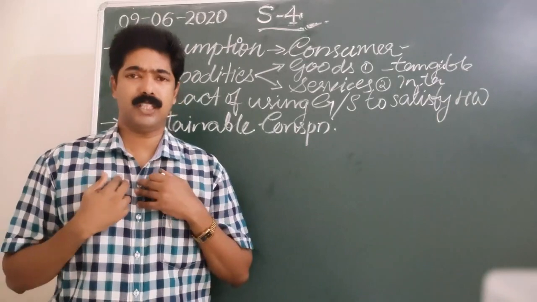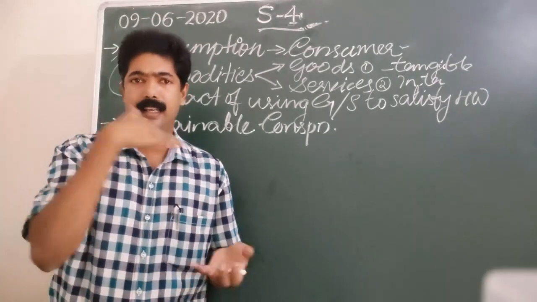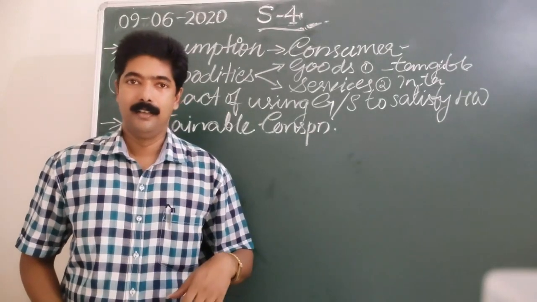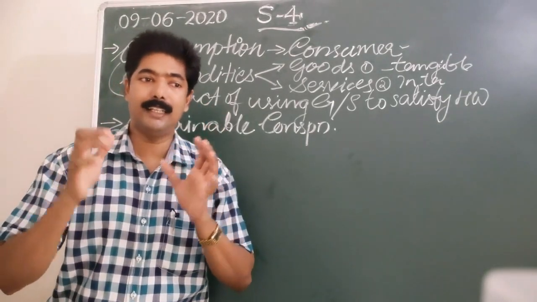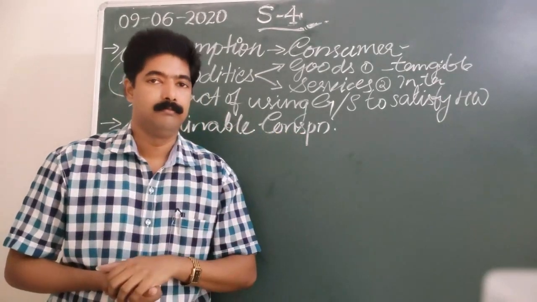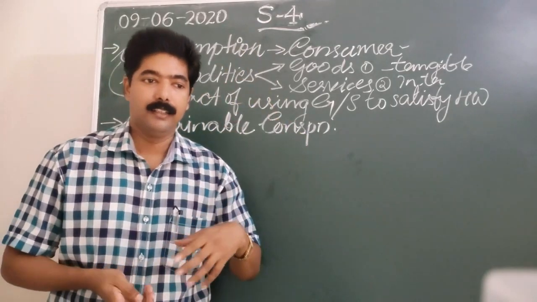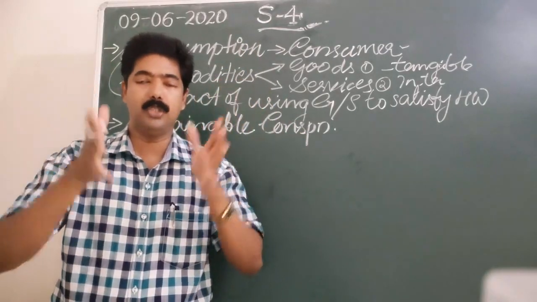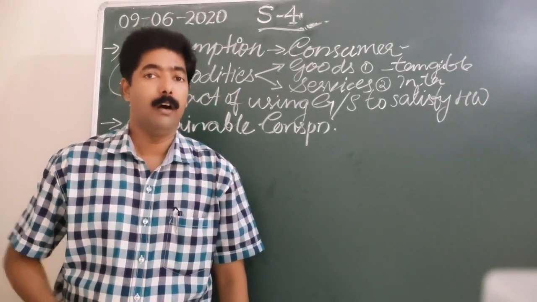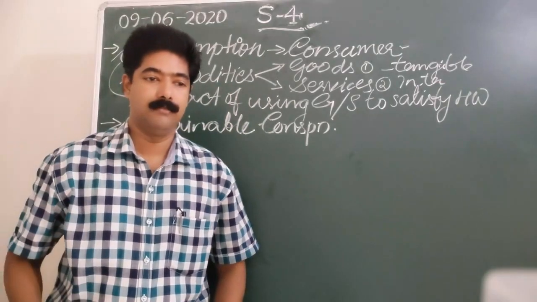I must make sure my next generation can also utilize those commodities. That is sustainable development. Sustainable consumption must be like that. The consumption pattern of those commodities should not have any adverse effect on the economy, or adversely affect future generations.